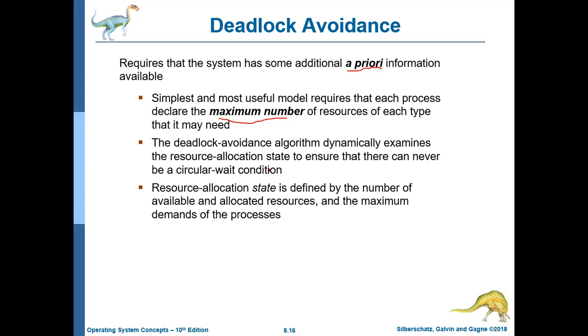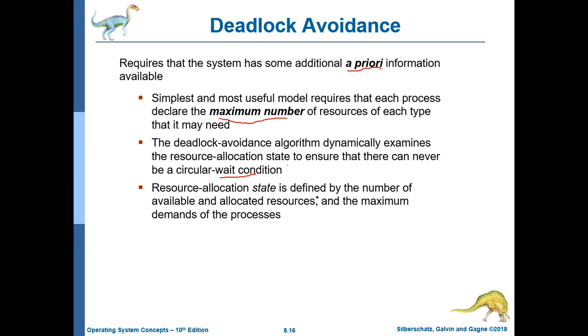The deadlock avoidance algorithm dynamically examines the resource allocation state to ensure that there can never be a circular wait condition. So we need to check that we should not be having any type of circular wait condition.